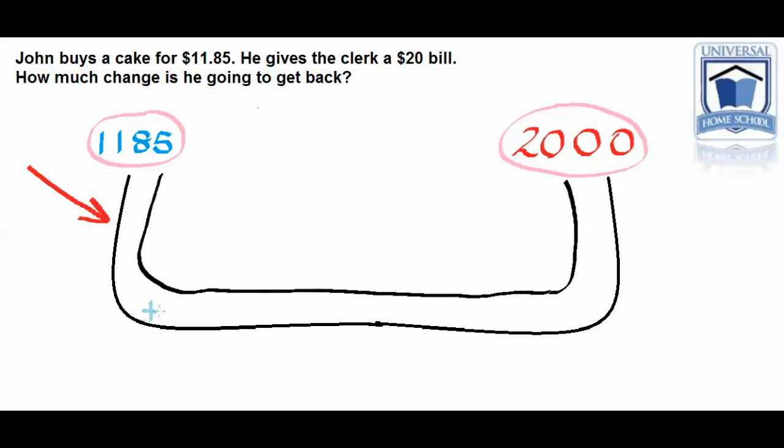So first of all, let's add 100. You can add anything you want. So right now we're going to add 100. If I add 100 to 1185, I'm going to get 1285. I'm thinking, how much will I add on now? Well, I'm going to make it a bigger number to make it quicker. So I'm going to add 300 this time.